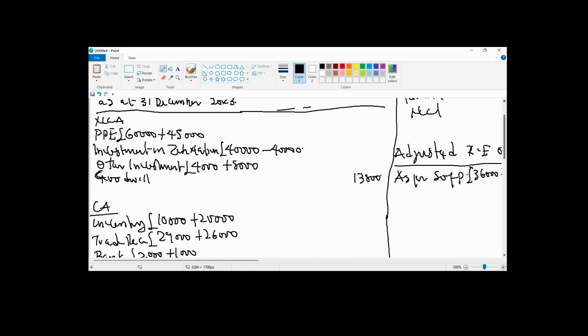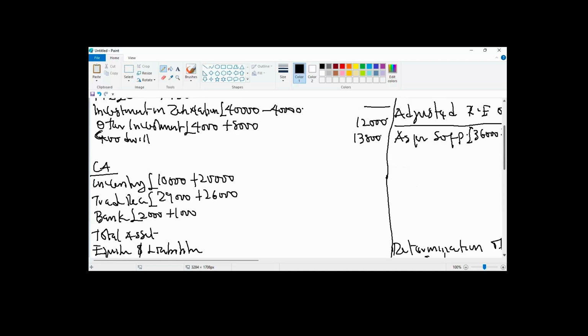Then this will give us 12,000. This will give me 105. 60 plus 40, 25,000 on top. This will give me 30,000. 29,000 plus 26 gives 55,000, then 3,000.